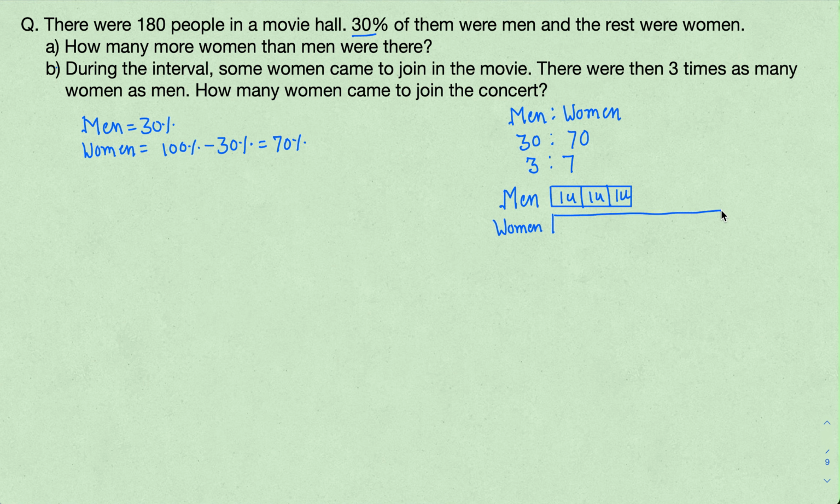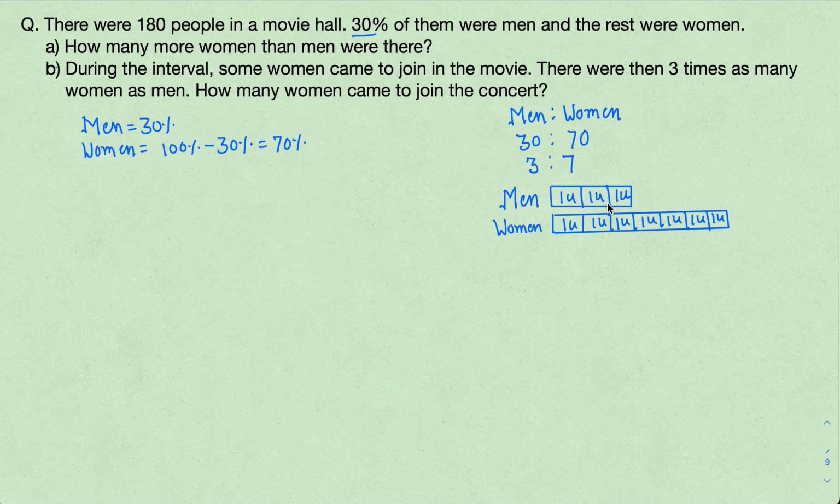I hope this will be enough to show 7 units. Let's check. 1, 2, 3, 4, 5, 6, roughly, yes. So 1 unit, 2 unit, 3, 4, 5, 6 and 7.